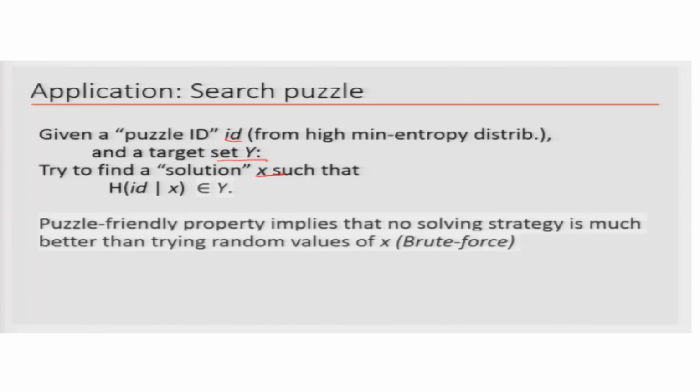I know the ID, I know Y, and then I try 0 0 0 0 0 0 1 and all that, and at some point hit a hash that belongs to Y, but it will take a very long time to find because you are doing brute force.